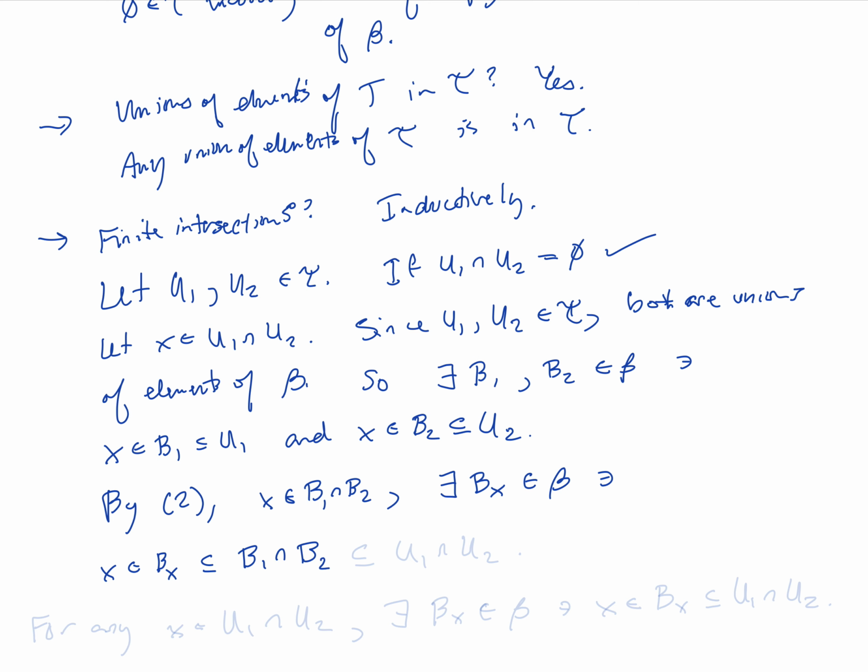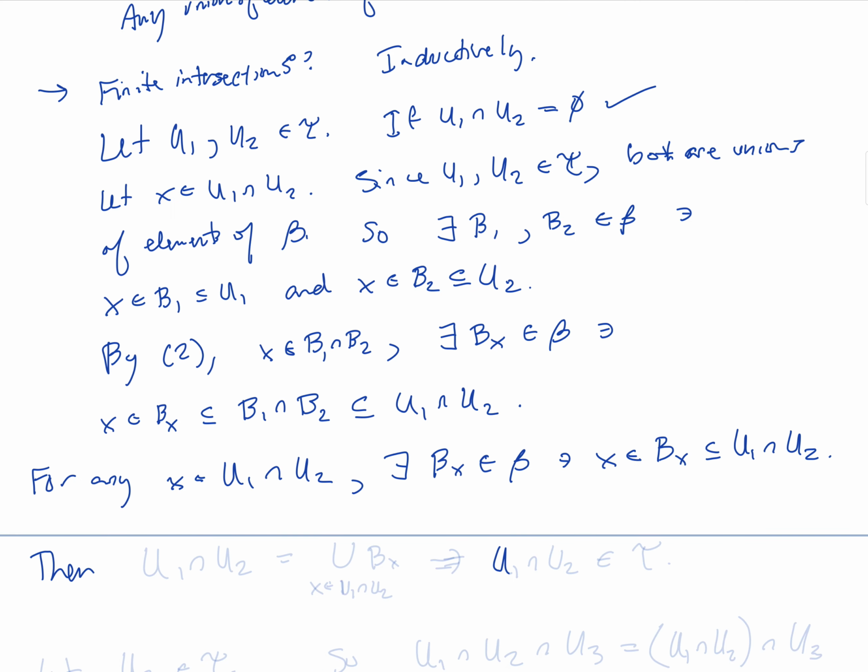That's condition 2 above, and we know that each of those were subsets of U1 and U2 respectively, so that's a subset of U1 intersected with U2. So what we see is that for any element X in U1 intersected with U2, there is some basis element B sub X in the basis such that X is an element of B sub X, which is a subset of U1 intersected with U2.